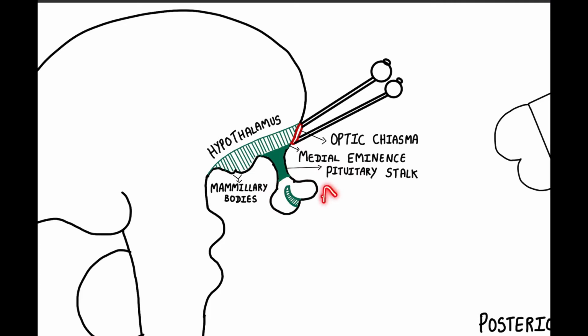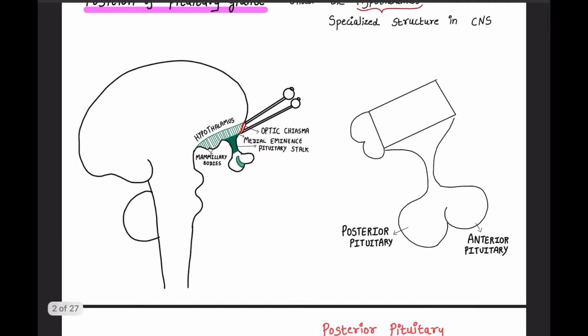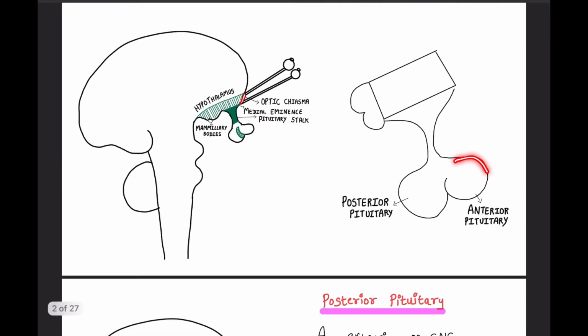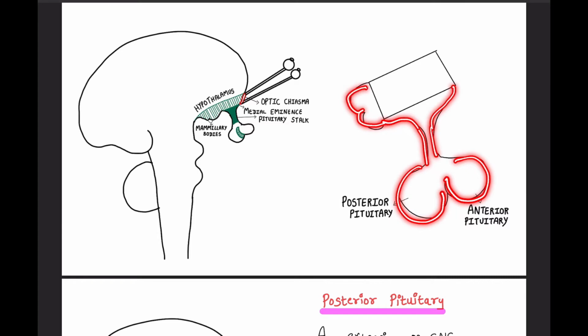As the name describes, it is on the front side, and this is the posterior pituitary. So here you have the anterior pituitary, posterior pituitary, pituitary stalk, median eminence, mammillary body, and the hypothalamus.